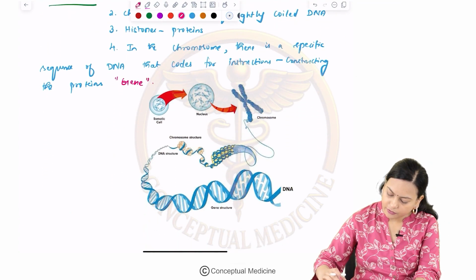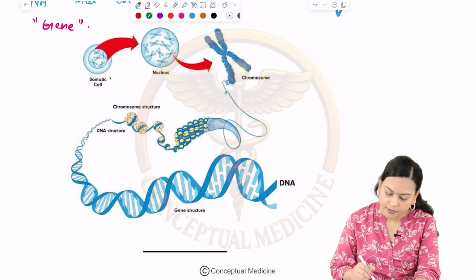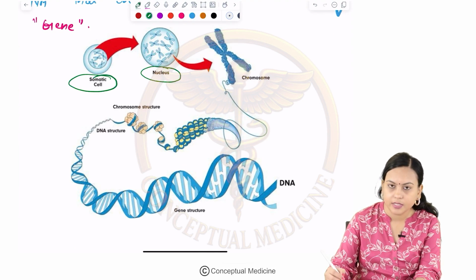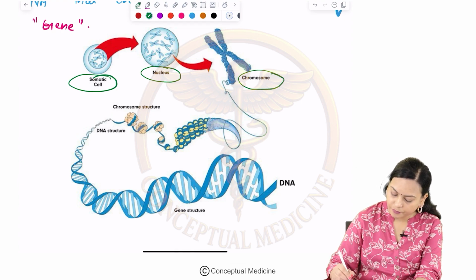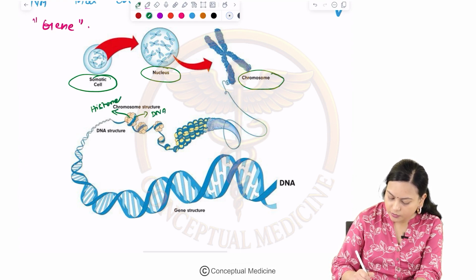Now we'll see this picture for better understanding. Yes, you are able to see a somatic cell, and from the nucleus we are able to see the chromosomes are present. If we take the chromosomes, this is the DNA that is coiling around the proteins, which are nothing but histones, okay.